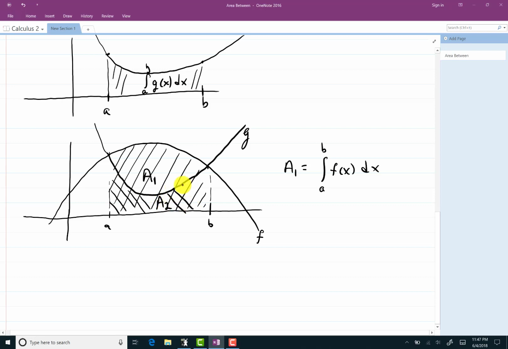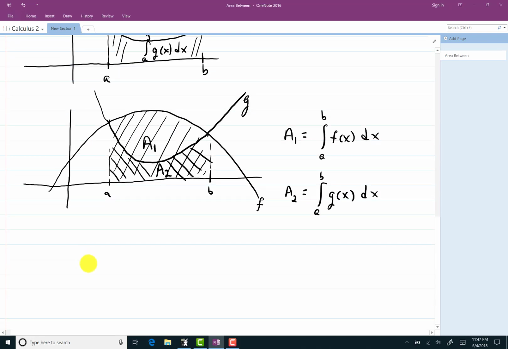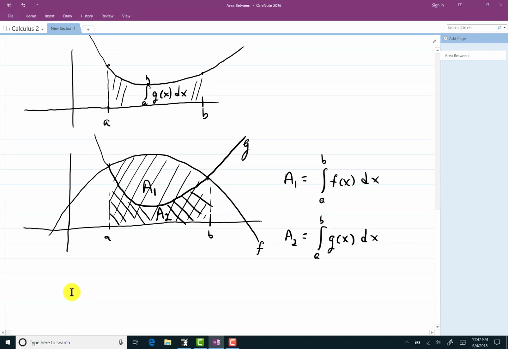But I'm also going to double hatch so you can see what the overlap is. Okay? Then if I look at this area, the area under the whole thing here, and I subtract off this double hatched area, I will get exactly what I'm looking for.